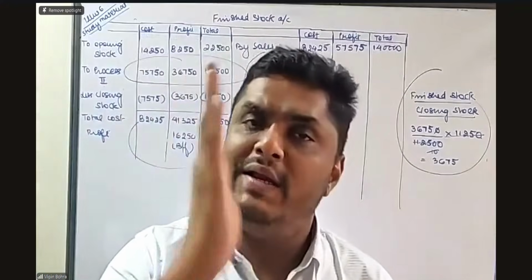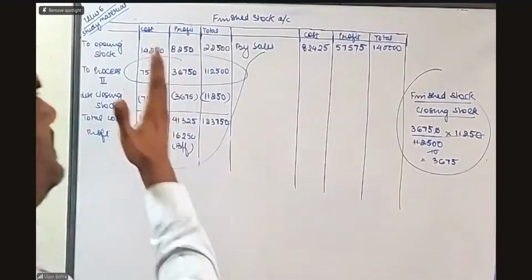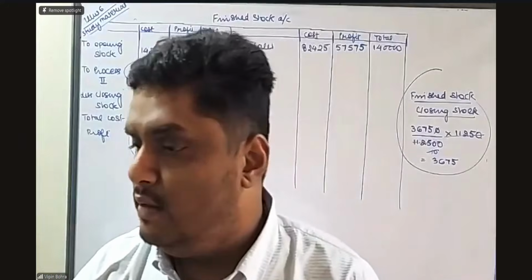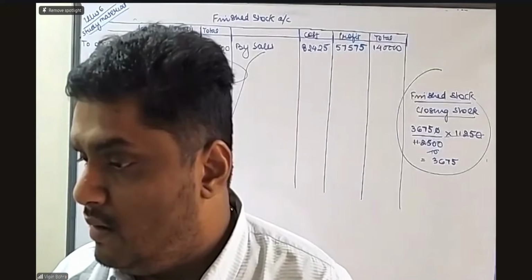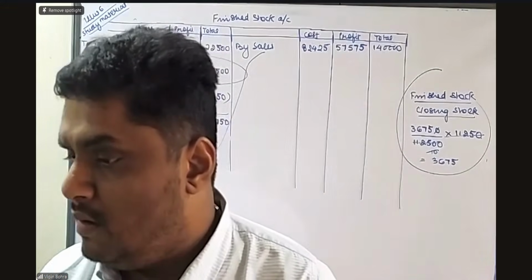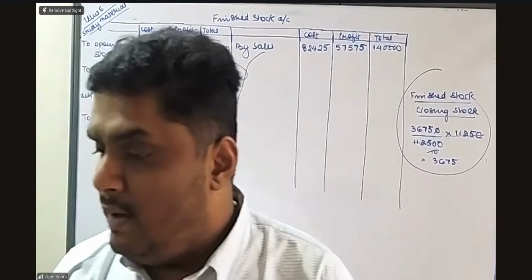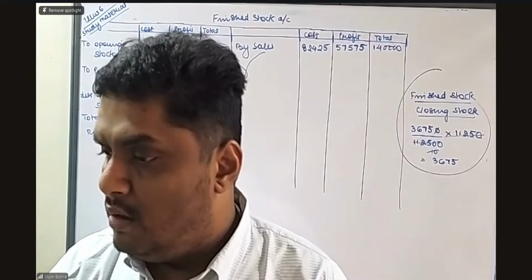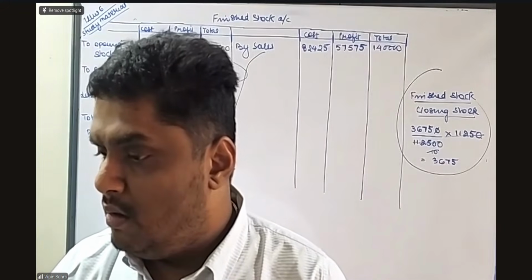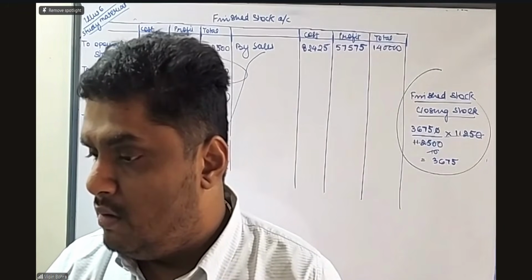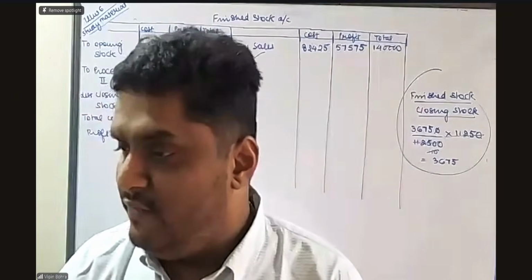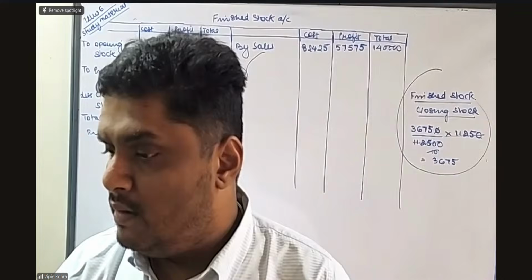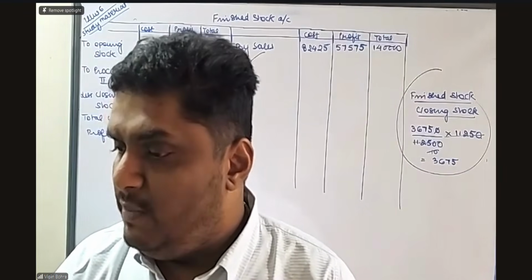So follow this format: cost, profit, and total. Very simple. Cost, profit, and total. Cost में profit add करेंगे तो total आ जाएगा. That's it. Yes, but I hope as of now you are thorough with the concepts, Hina. Yes, everything is important. 8 marks, Mustafa.